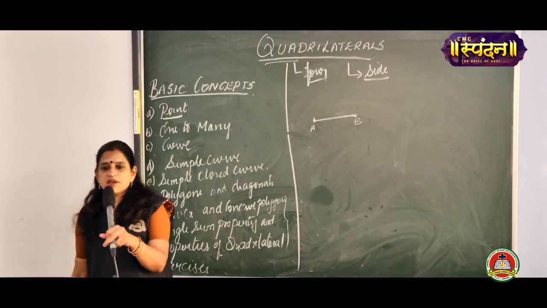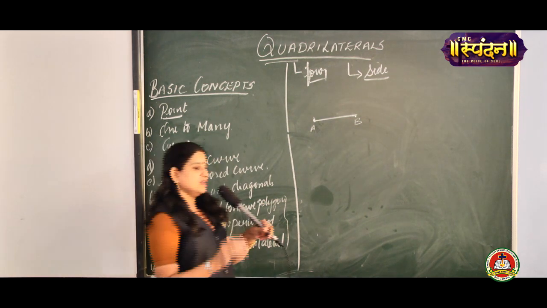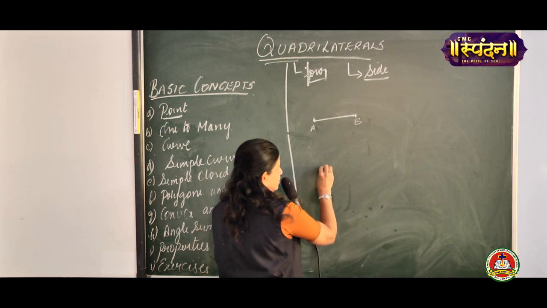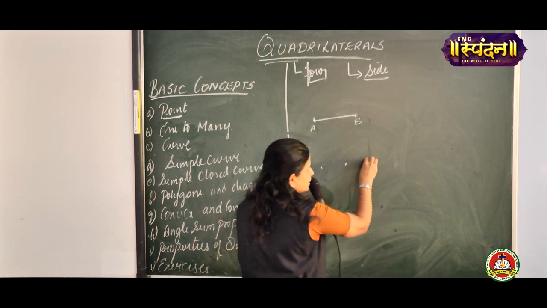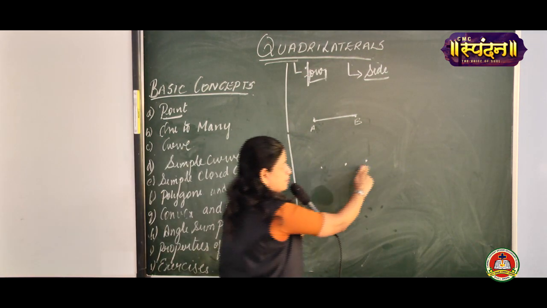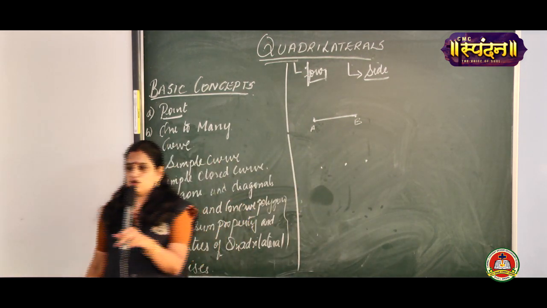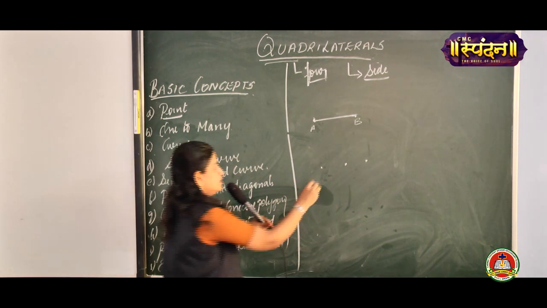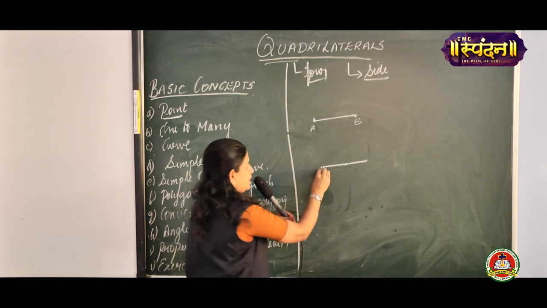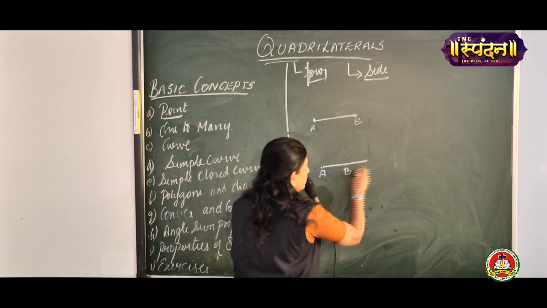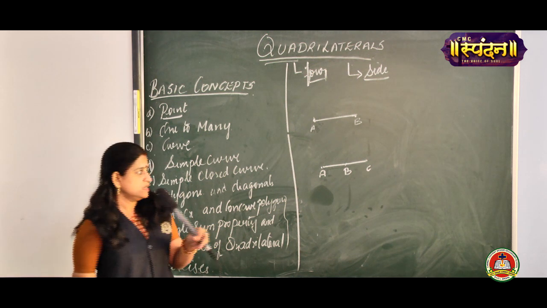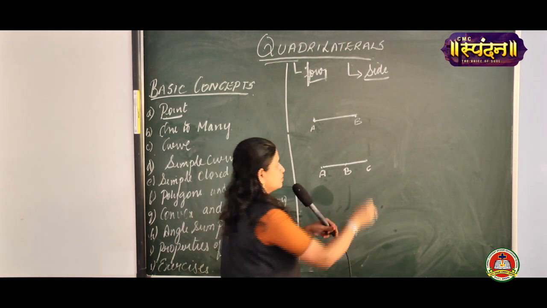Consider when you are given 3 points. There are 2 ways of representing them. One, I can represent these 3 points on a line. I can join them like this, and name them A, B and C. So how many line segments did you get here?